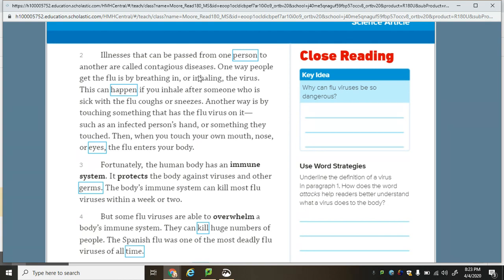So to me, that means if contagious means it's being passed from one person to the next, and then I see it's being passed by people just breathing, to me that's the most dangerous thing. If it's just passed through breathing, that means like the whole world has it. So I would say, well, viruses can be really dangerous because they can be transmitted through breathing.